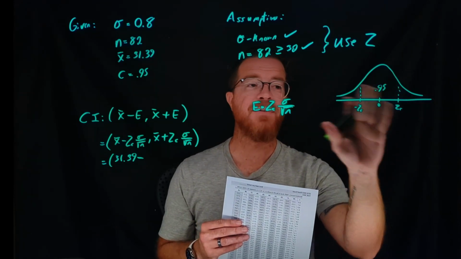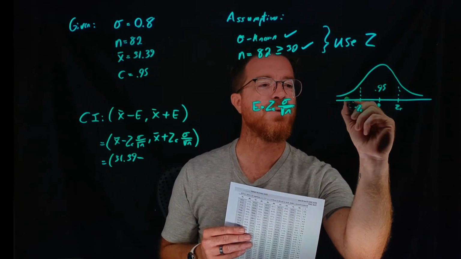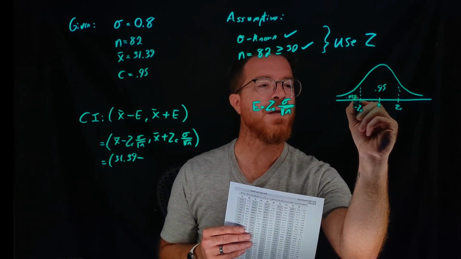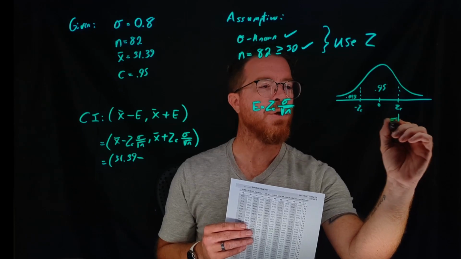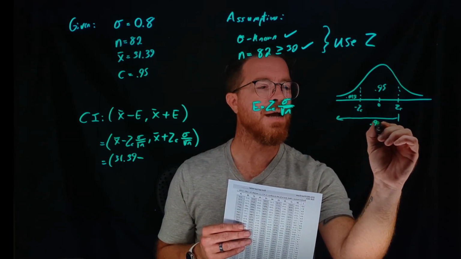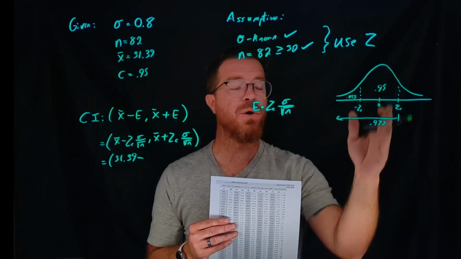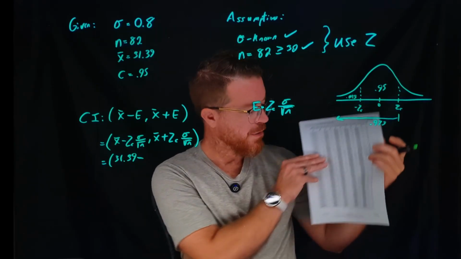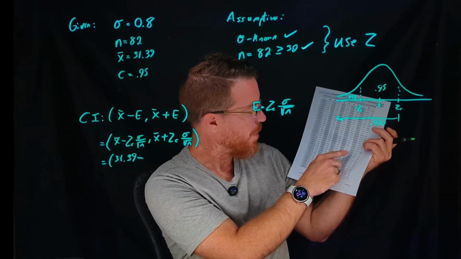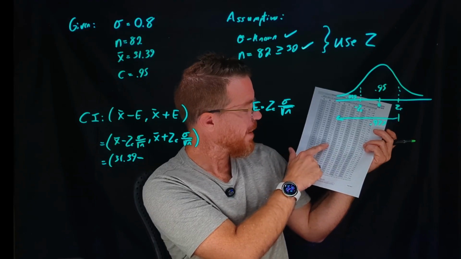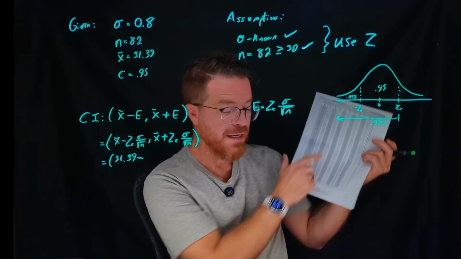So 0.05 has to be the outside. Half of it is down here, which would be 0.025, which means we're looking on the table for where 0.975 is below this positive critical value. So we go to our table, we find 0.975, and we get 1.96.